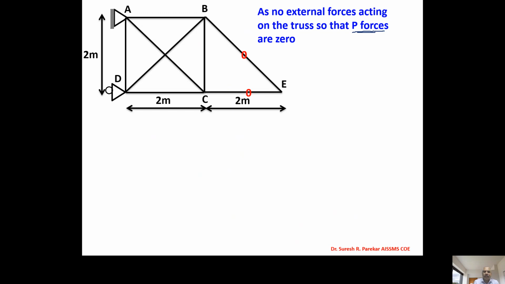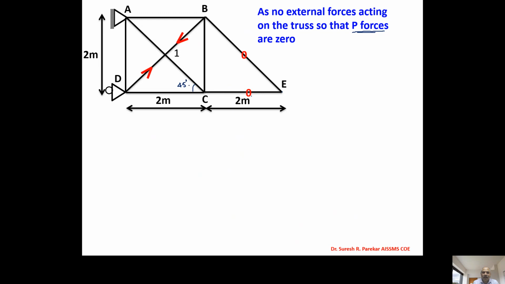Now we will start to analyze it. We have joint E with 2 members only, so both become 0. Then we will consider unit force in BD because BD is redundant. The angle is 45 degrees, and we have already seen this in NPTEL assignments.